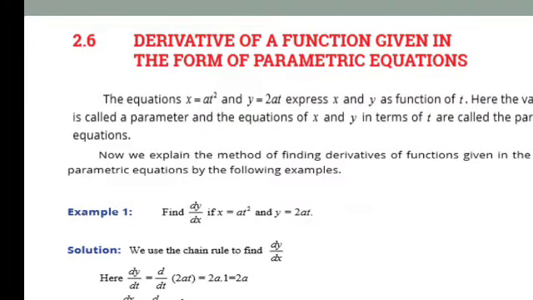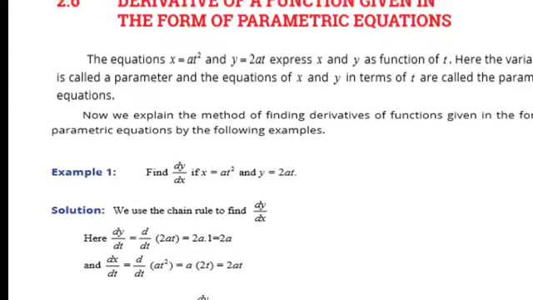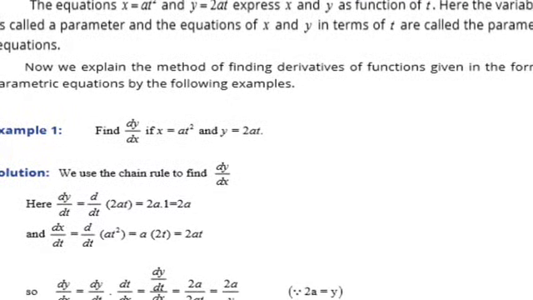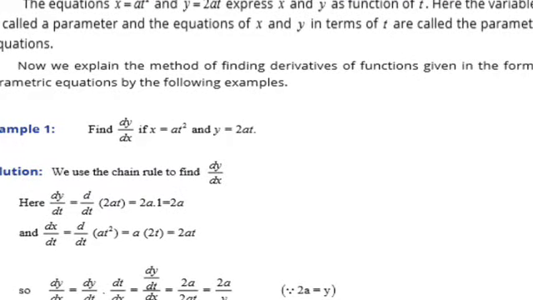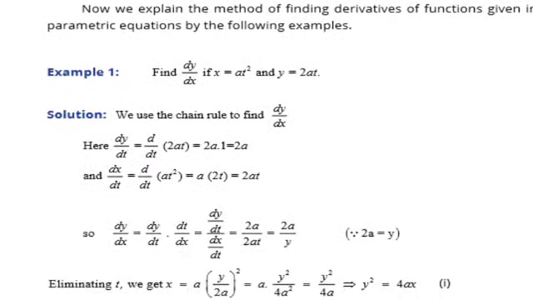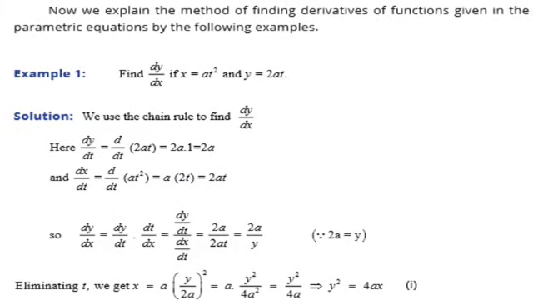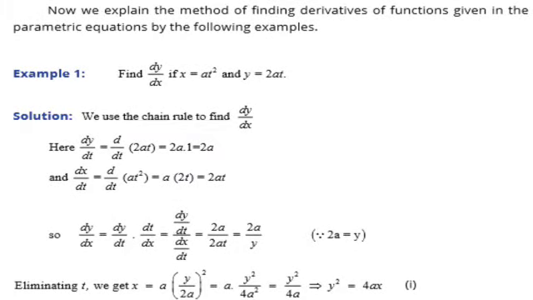Now the derivative of parametric equations. Here we have x is equal to at square and y is equal to 2at. We differentiate both equations with respect to t. The derivative of at square, because the variable is t, is 2at, and the derivative of 2at, the derivative of t is 1, becomes 2a. Now we put these values in the chain rule.